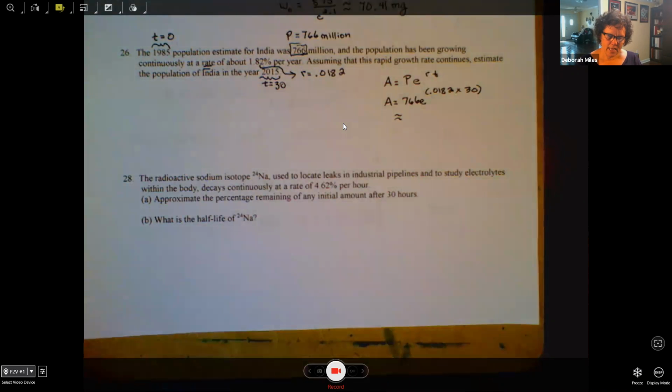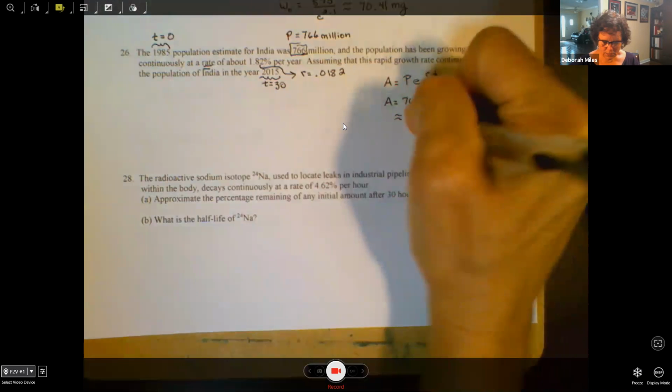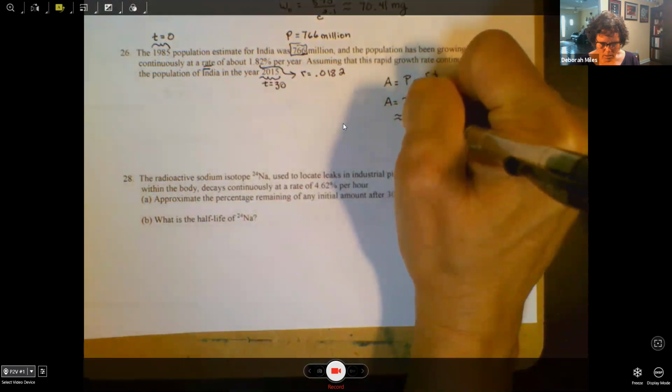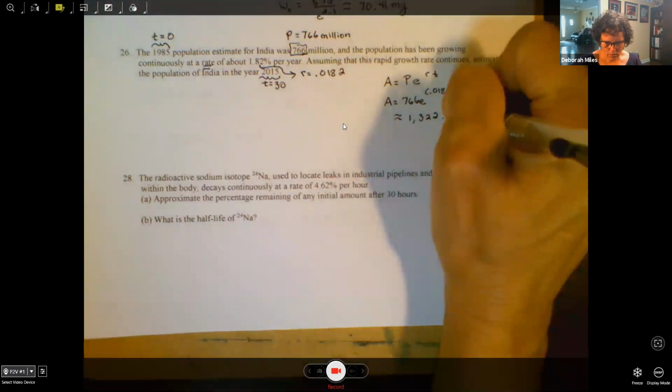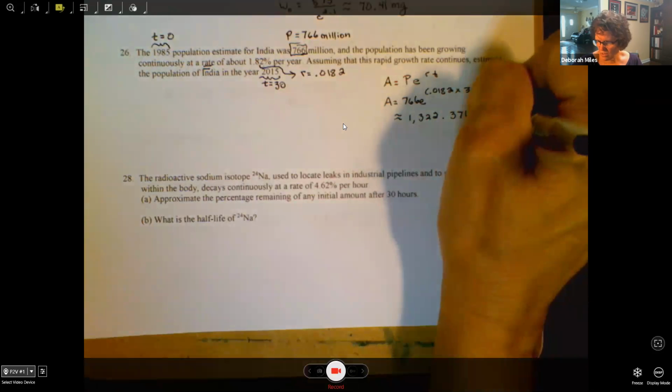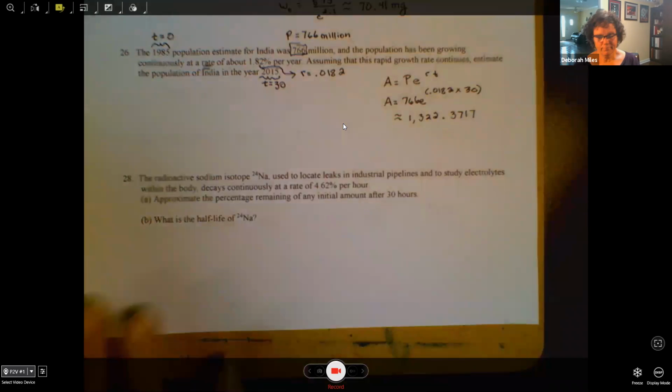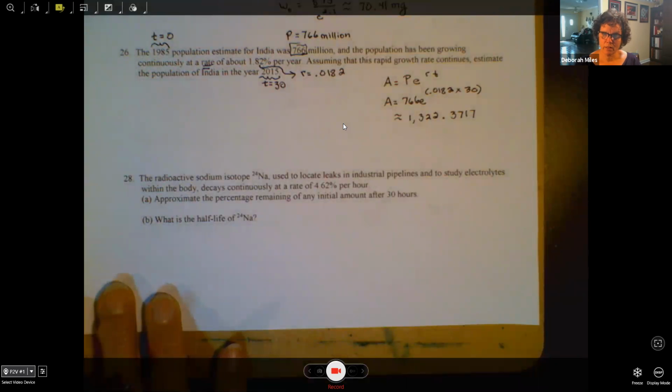And then that times 766 is approximately 1,322.3717. I'll tell you how many decimals to keep up with.